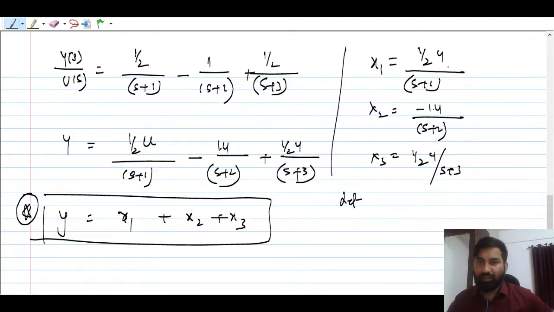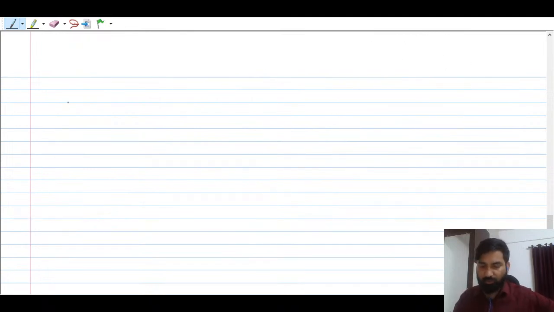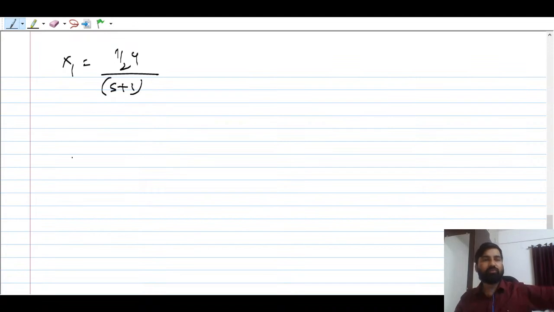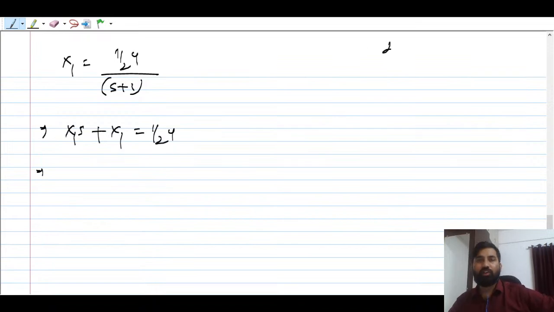Now let us manipulate. Let us take this guy first. Your x1 is nothing but 1 by 2 times U by s plus 1. Now you cross multiply. So this becomes x1 times s plus x1 equals 1 by 2 U. What is s times x1?